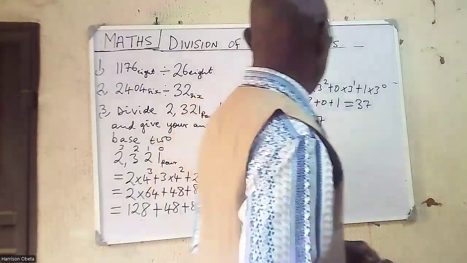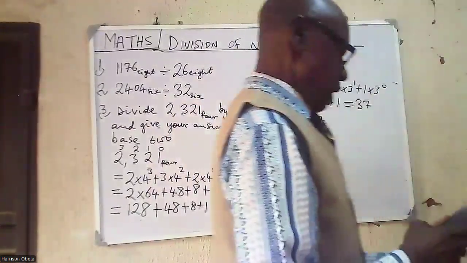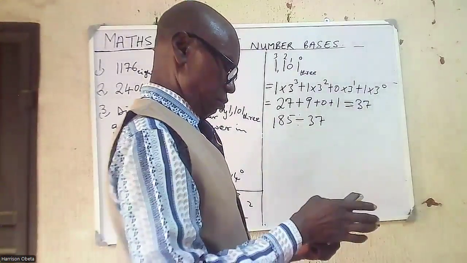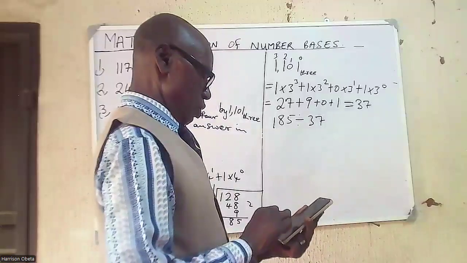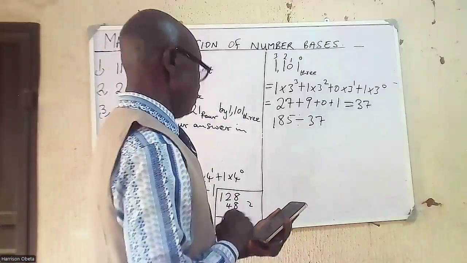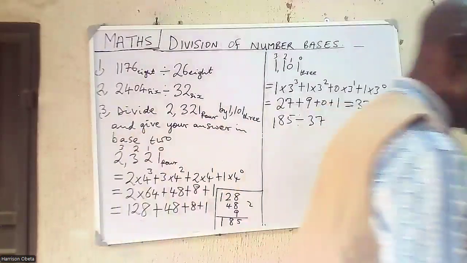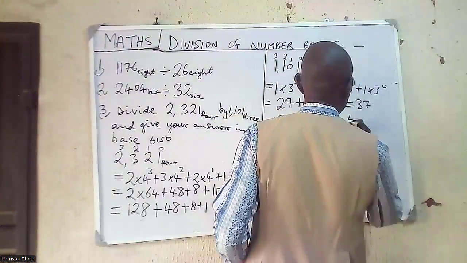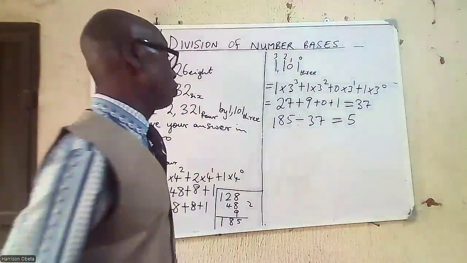And then if we check, we use our calculator, 185 divided by 37 will give us 5. So this is 5. Then we have to convert this to base 2.